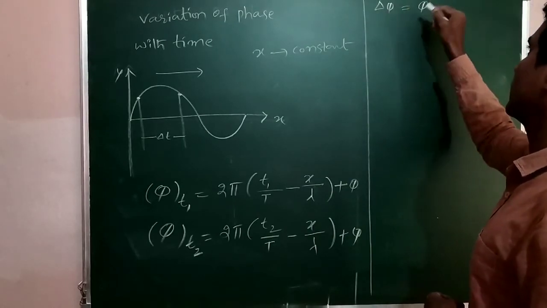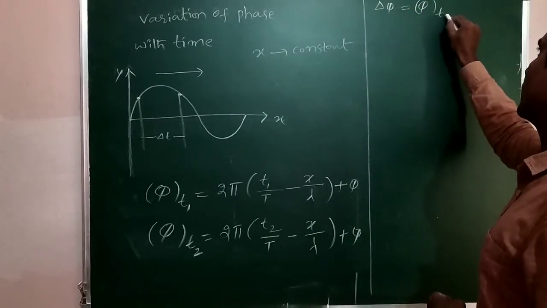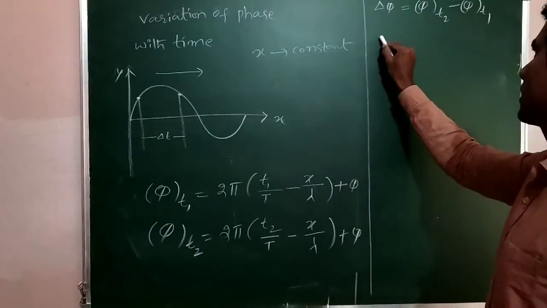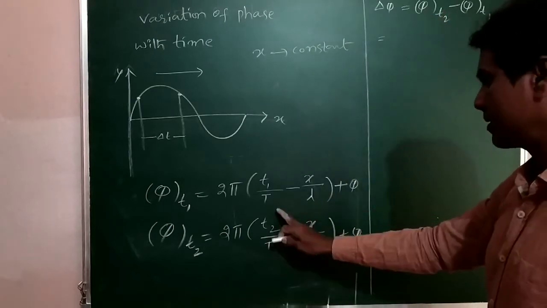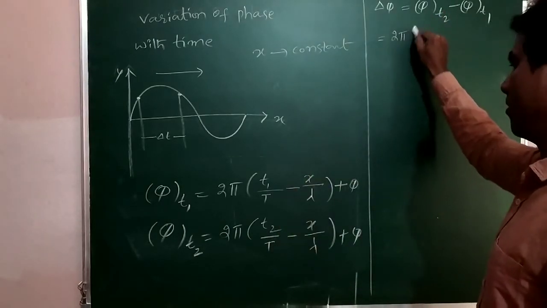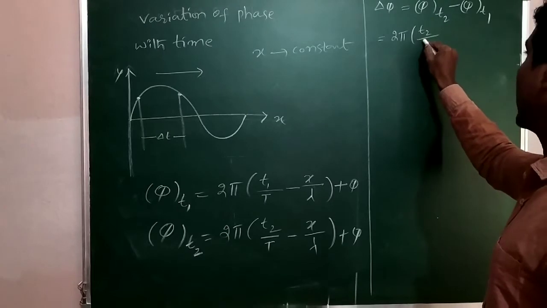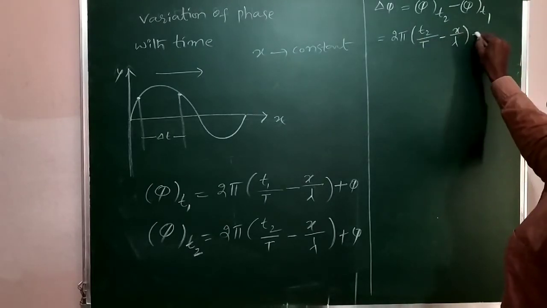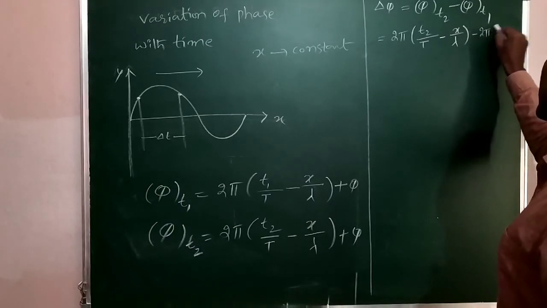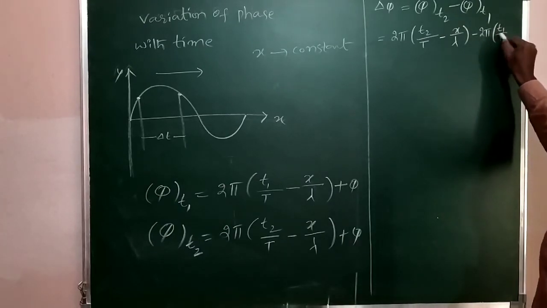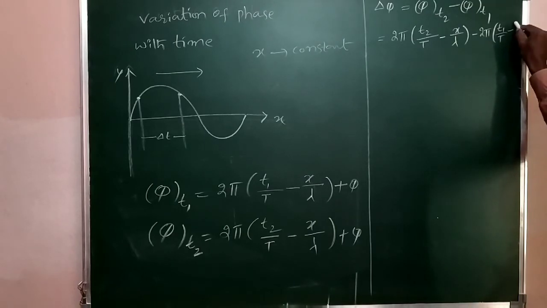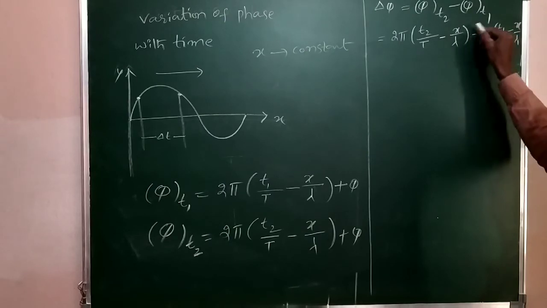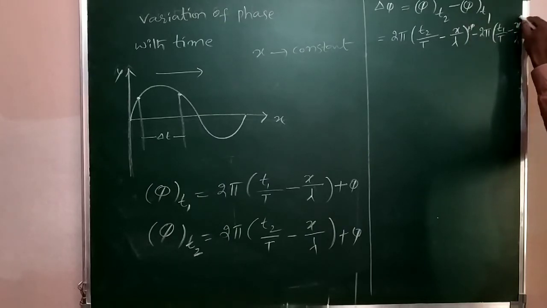Delta phi equals phi of t2 minus phi of t1, that is equal to 2 pi of t2 by capital T minus x by lambda plus phi, minus 2 pi t1 by capital T minus x by lambda plus phi.